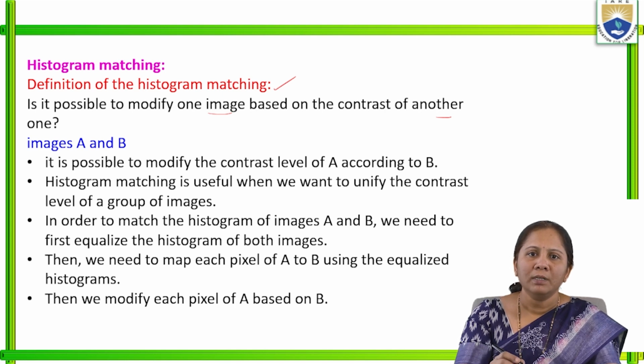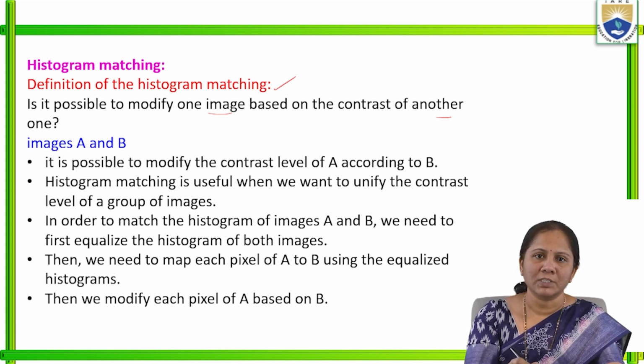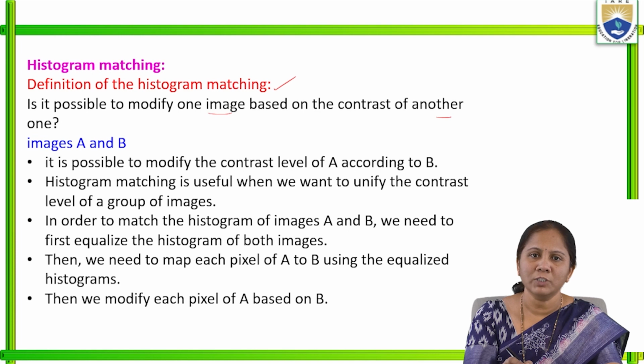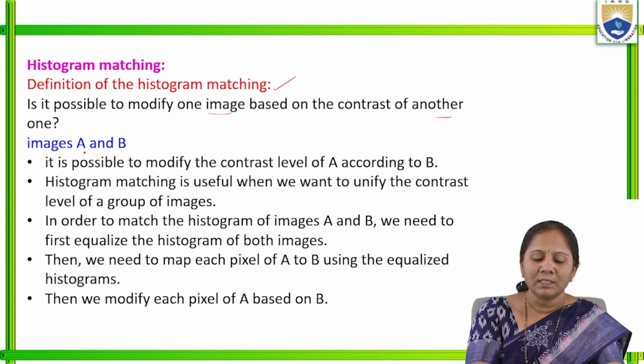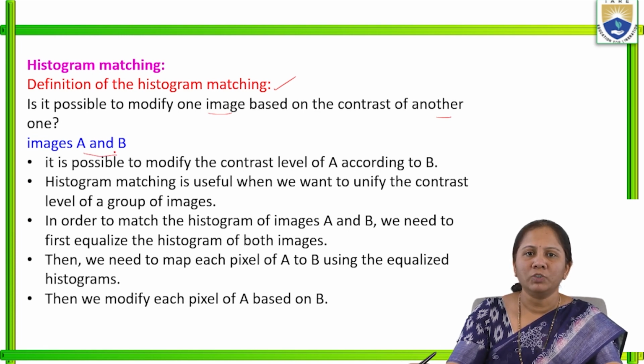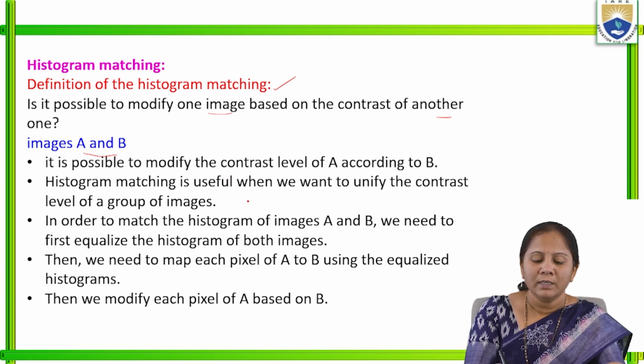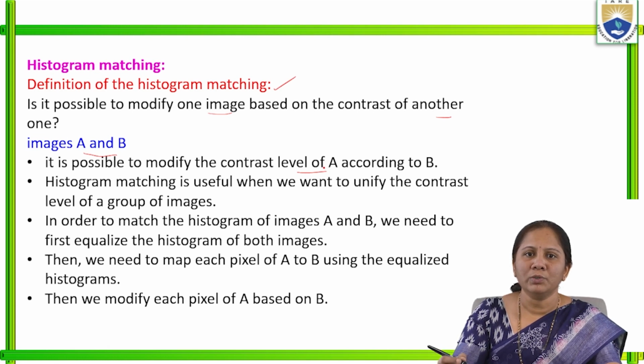For example, let us have a brief discussion about histogram matching. Let us consider two images A and B. Is it possible to modify the contrast level of A according to B?